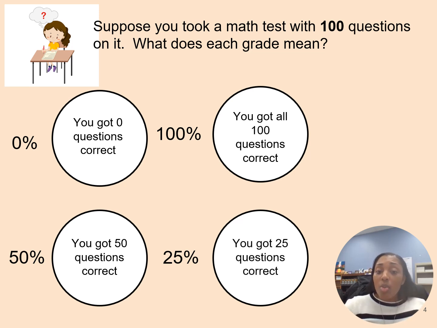Well, that means you got 25 questions correct out of 100. And the relationship between 25 and 100 is that 25 is a fourth or a quarter. So basically, if we took the test and broke it into 4 equal parts, you would just have gotten 1/4 or one little part of that correct. So that means you got 25 questions.